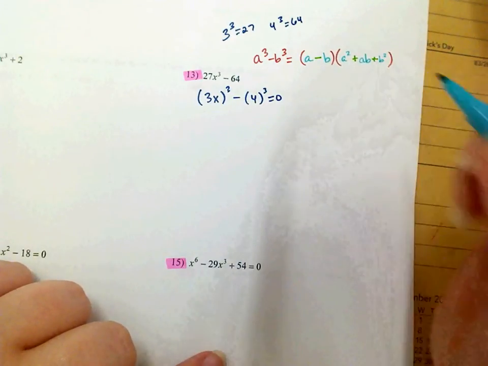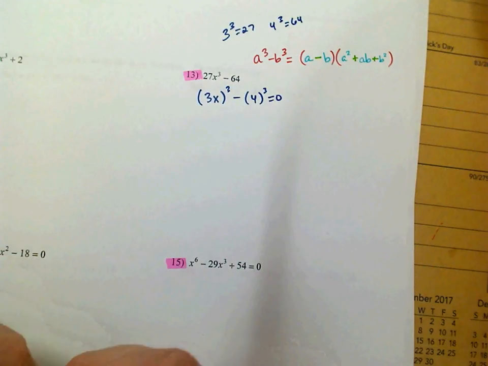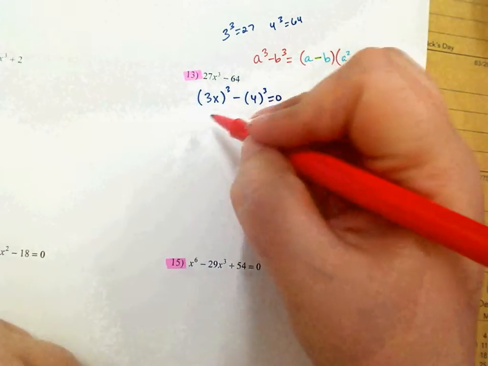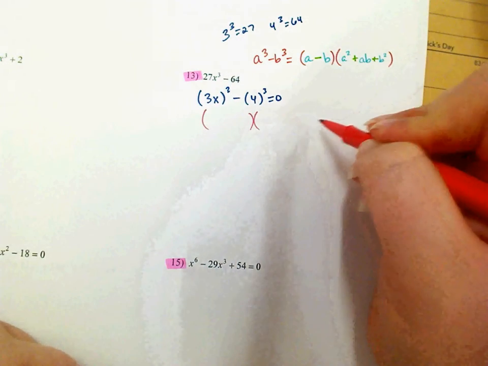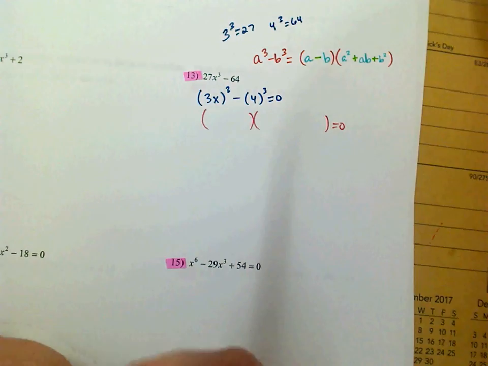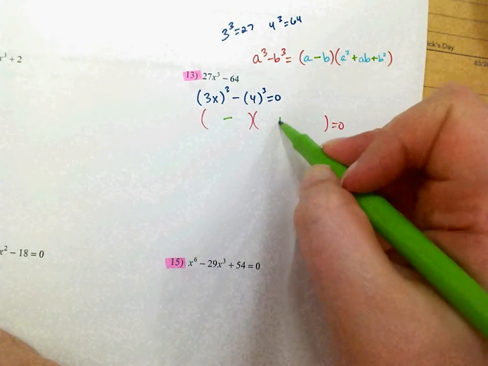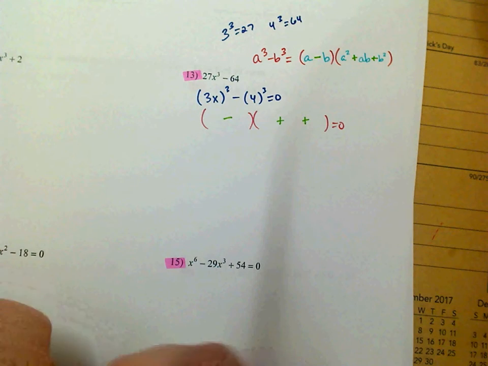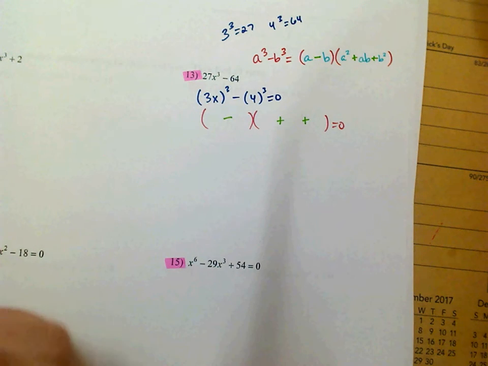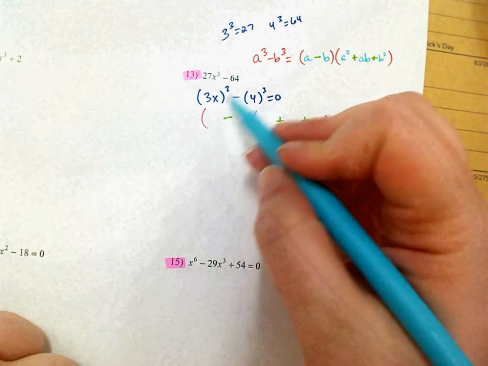Okay, so let's do this. I've got my signs. I've got minus, so minus, opposite, always positive. Okay, and then I drop the powers of 3, so that's just 3x, and that's just 4.